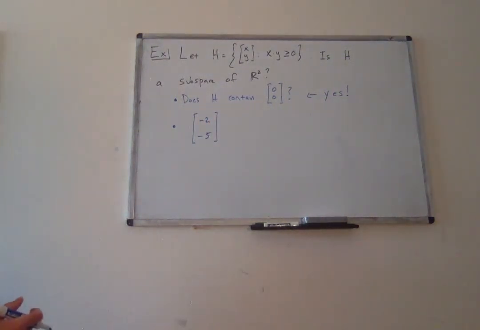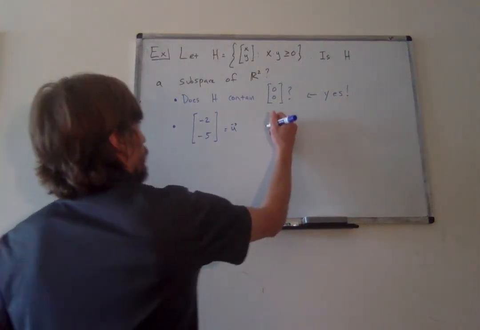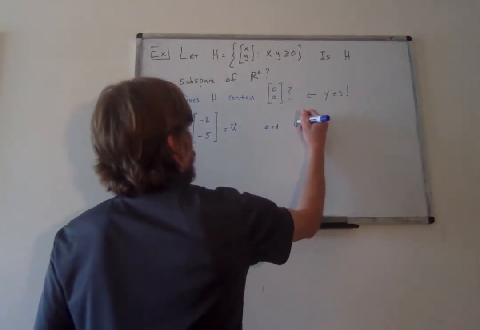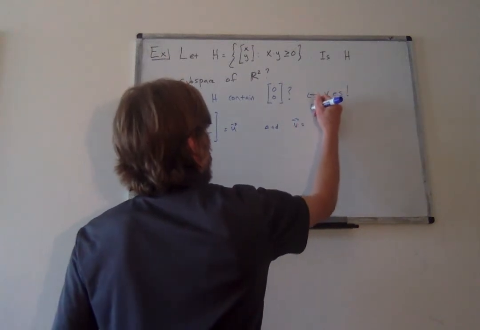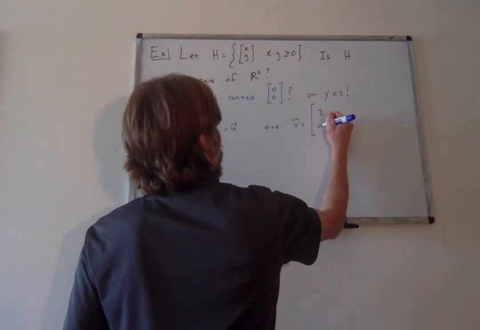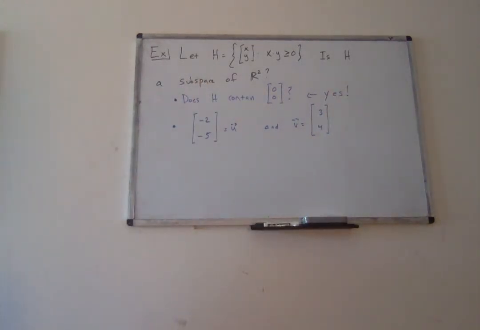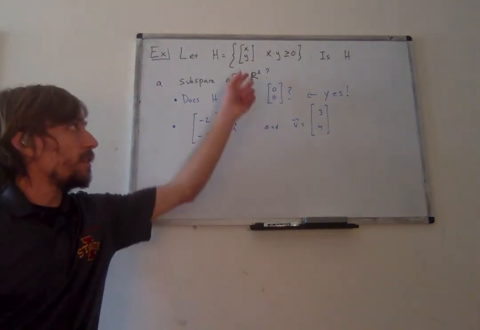Negative 2, negative 5. And we'll let this be u. And we'll let v equal, we'll say 3, 4. So looking at this, you might agree that each of these vectors is contained in H, right?